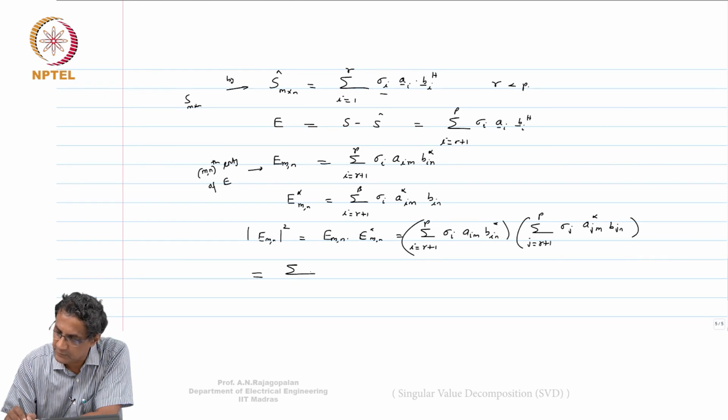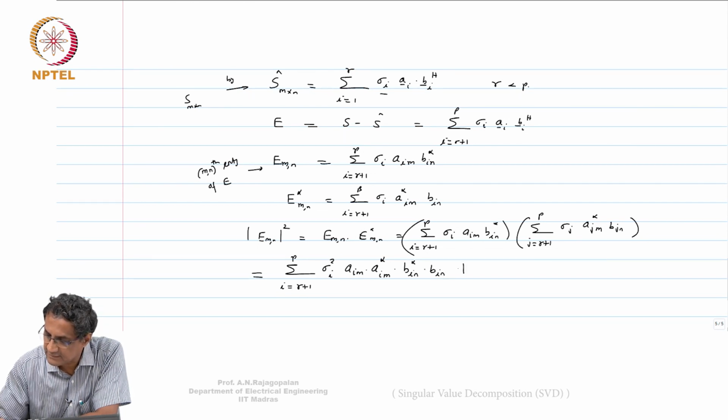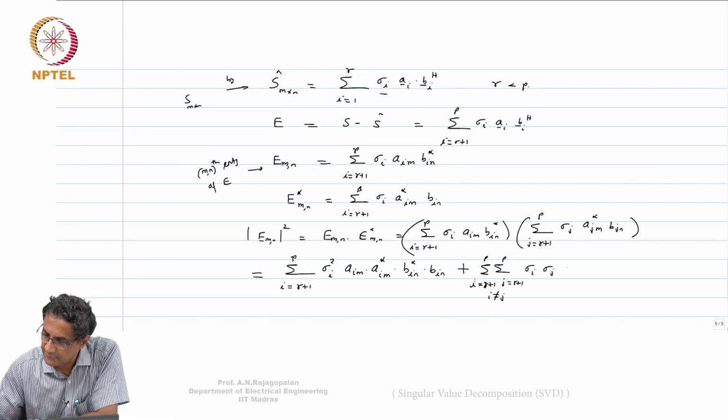So if you collect all terms where i equals j, this will be the sum from R plus 1 to P of sigma i squared times a_i(m) into its complex conjugate, times b_i(n) star into b_i(n), plus a double sum over i equal to R plus 1 to P and j equal to R plus 1 to P, with i not equal to j, of sigma i sigma j a_i(m) a_j(m) star b_i(n) star b_j(n).